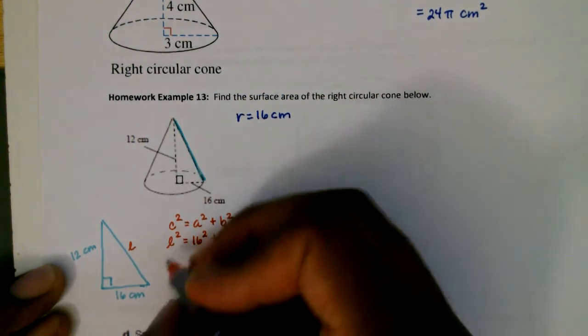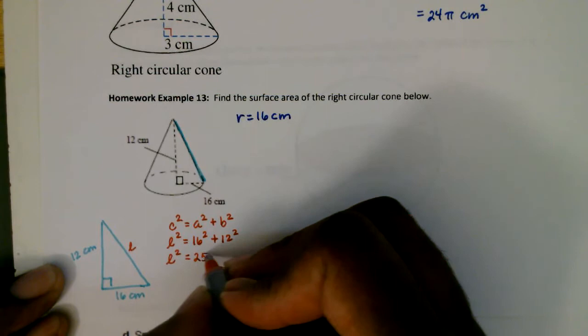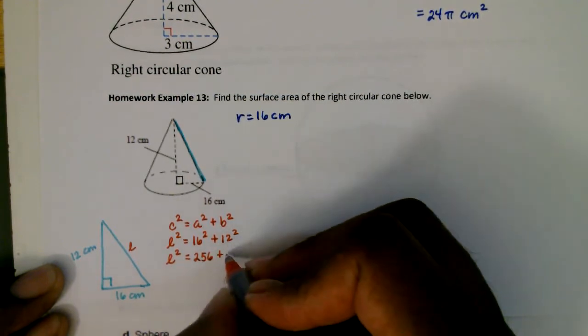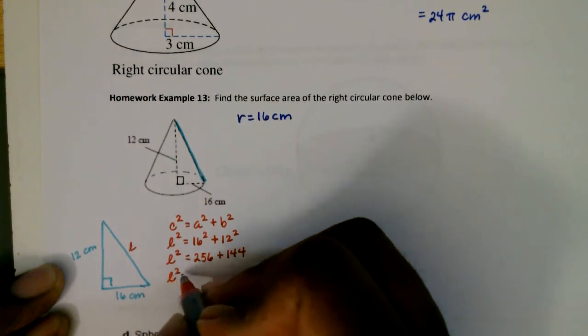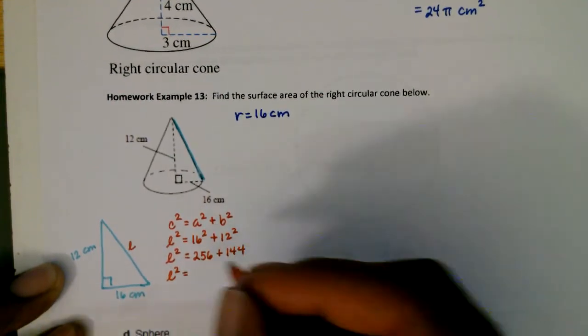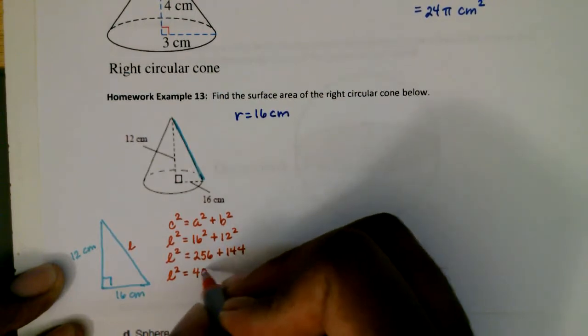Now, 16 times 16 is 256, plus 12 times 12, that's 144. L squared will be 256 plus 144, which is 400.